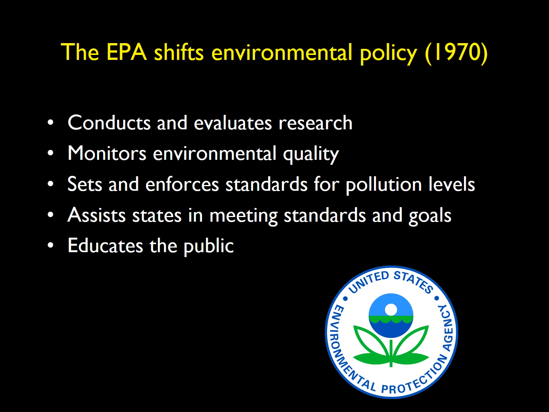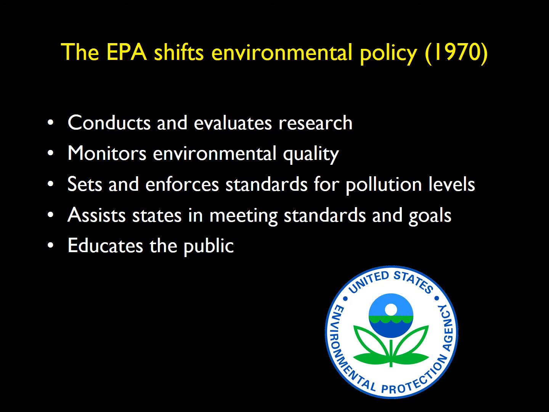And then in cases where the pollution levels are higher than they should be, they assist states in meeting those goals. And then they have an education component as well. But the Environmental Protection Agency really tries to work with folks rather than shutting down violators.